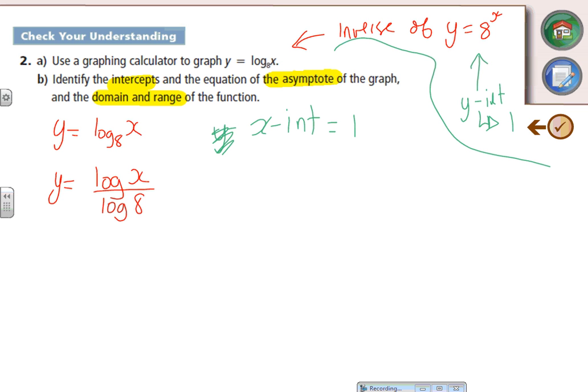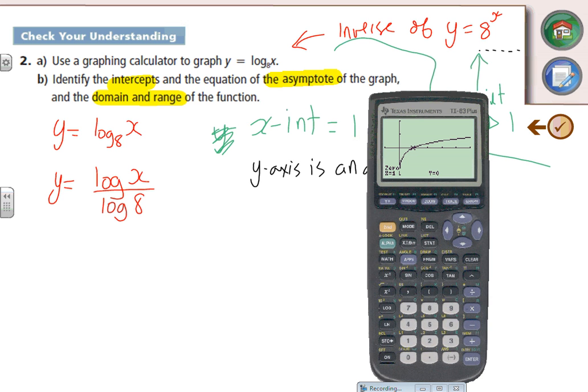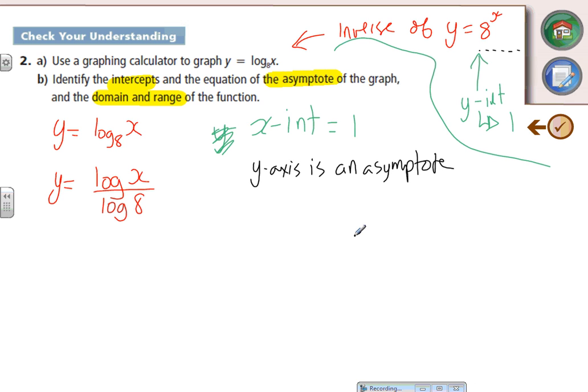There was an asymptote on the original exponential graph, which would have been the x-axis. So now the y-axis is an asymptote, as we saw in the graph. The equation of that is x equals 0.